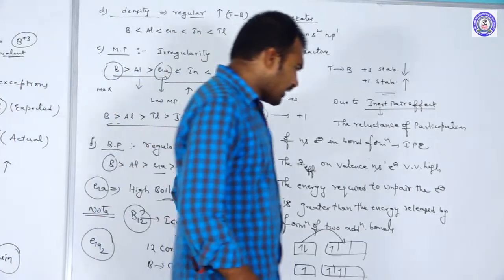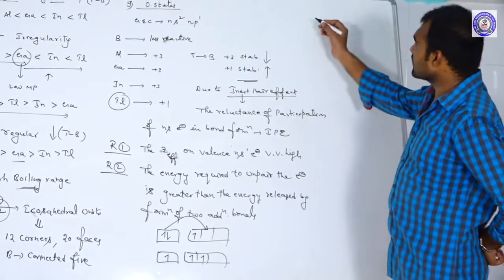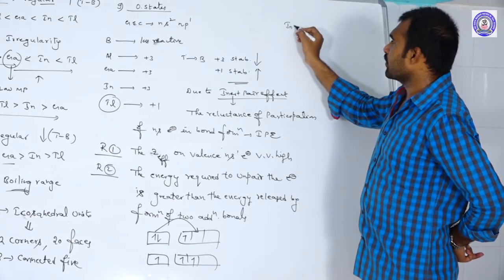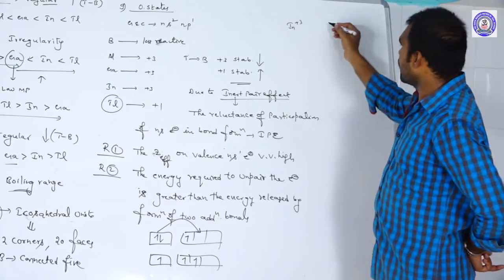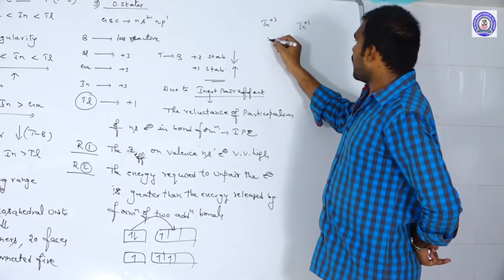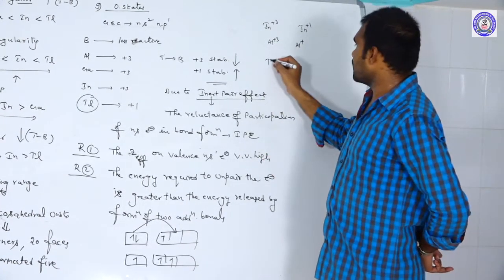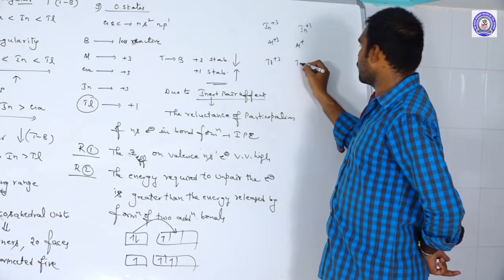So because of this inert pair effect, if you check indium, what is the stable oxidation state of indium? +3. Indium can show +3 and +1, and aluminum also can show +3 and +1, and thallium also will show +3 and +1.